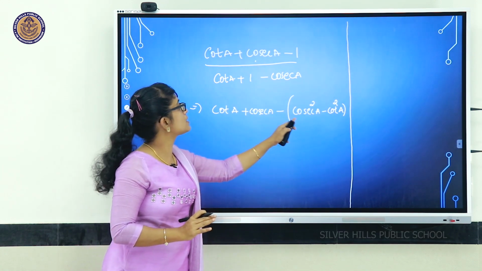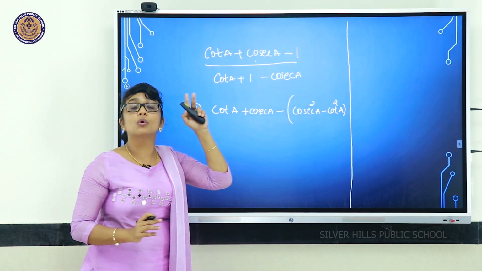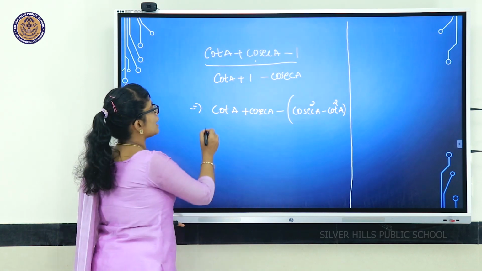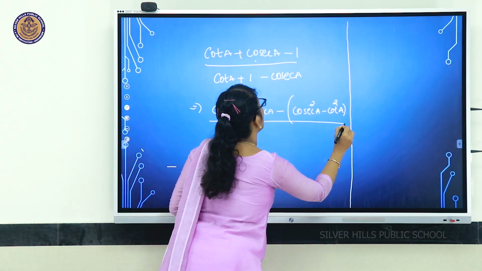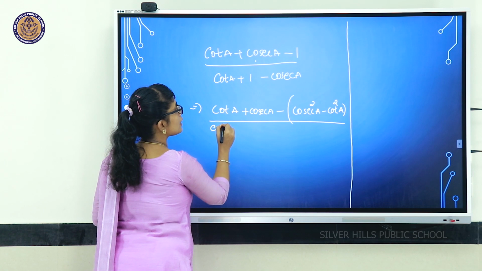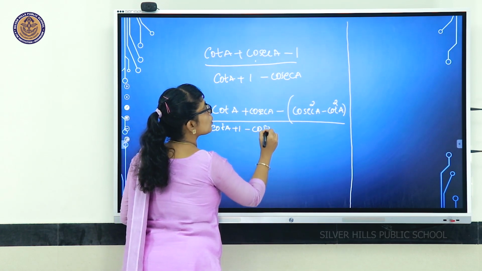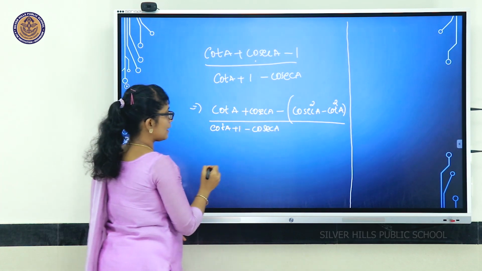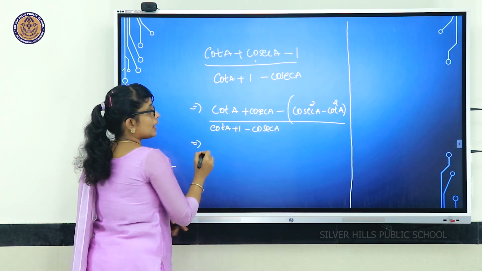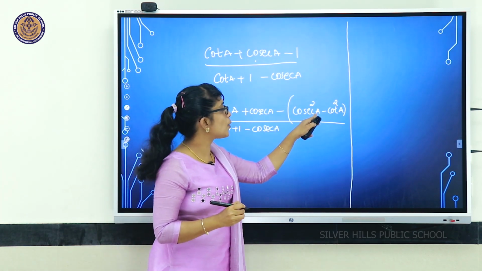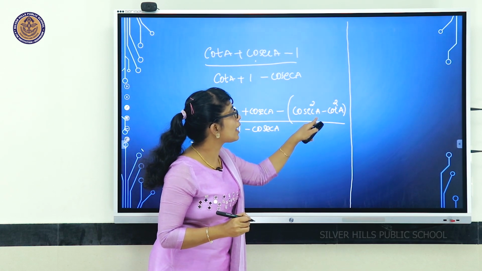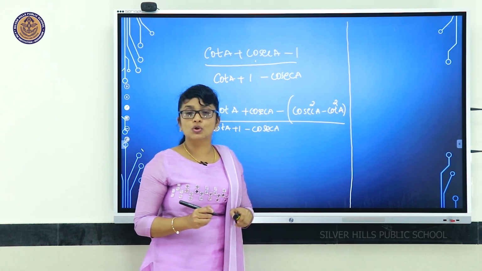But here, instead of 1, you can write cosec square A minus cot square A by cot A plus 1 minus cosec A. Then please observe here cosec square A minus cot square A.